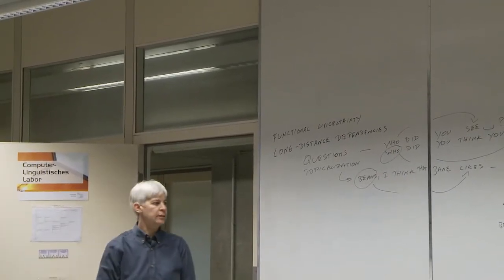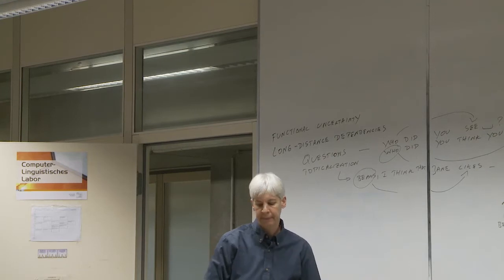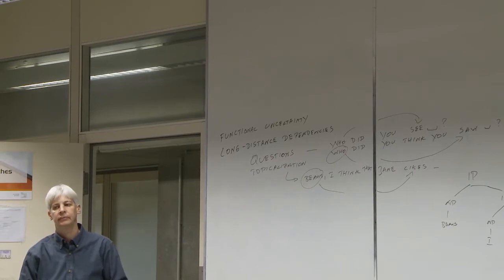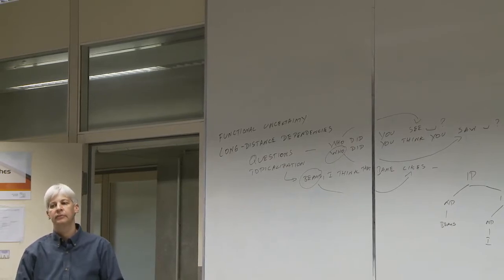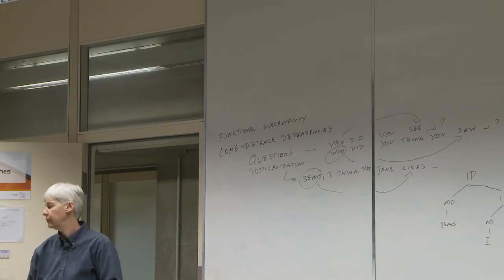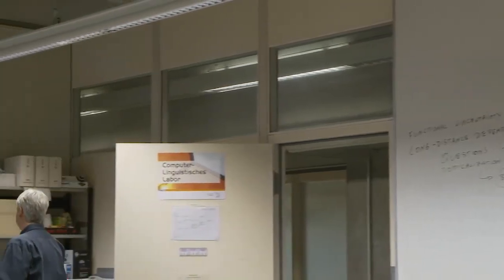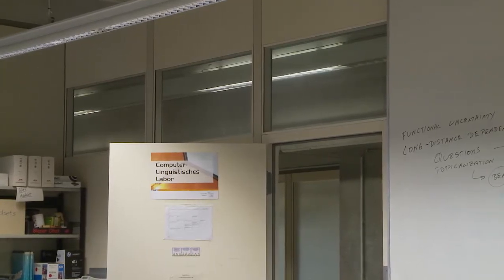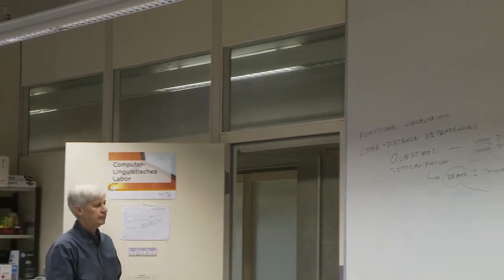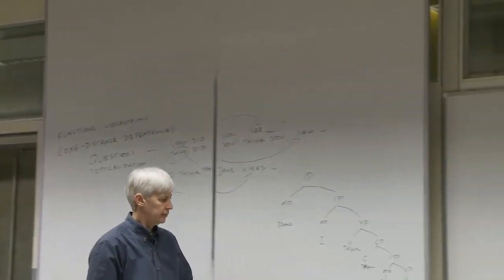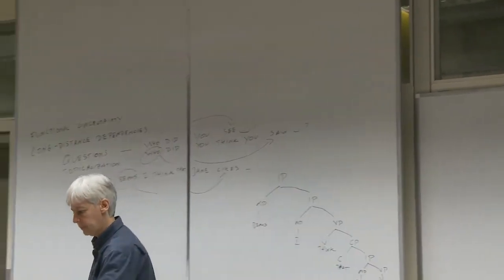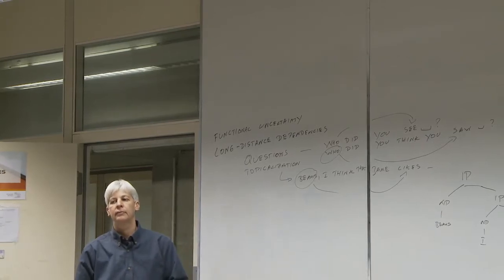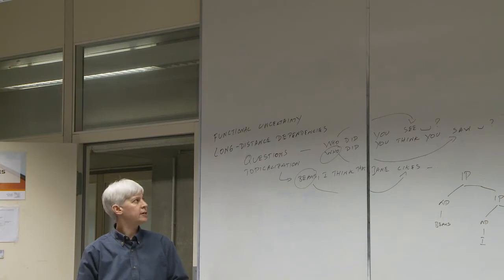And then how do we know that beans actually is the object of likes? How did we do that? Yeah, we had a functional uncertainty equation, a functional uncertainty path.